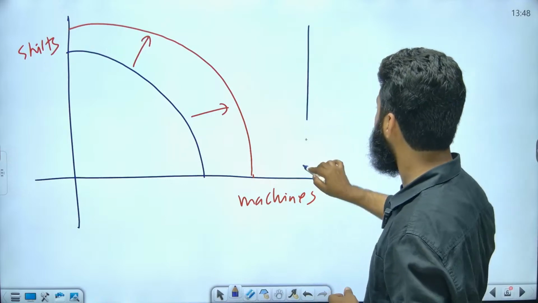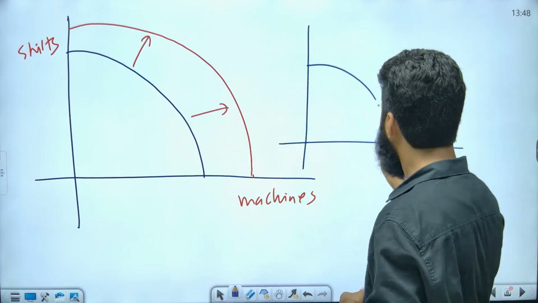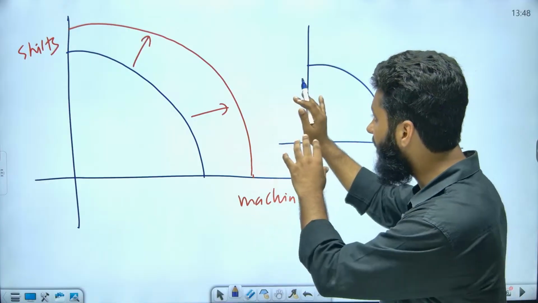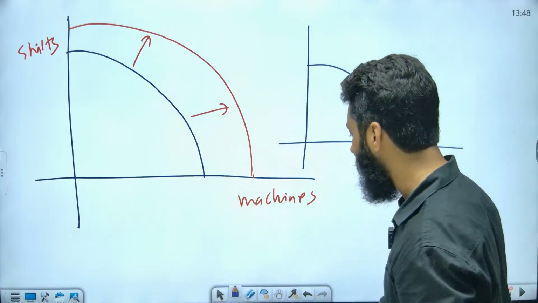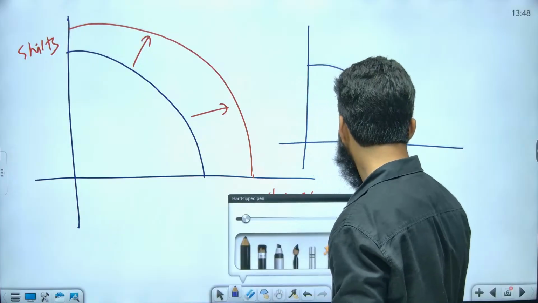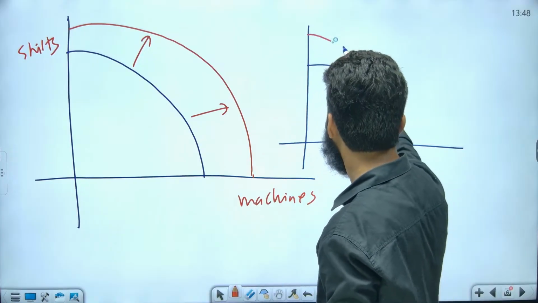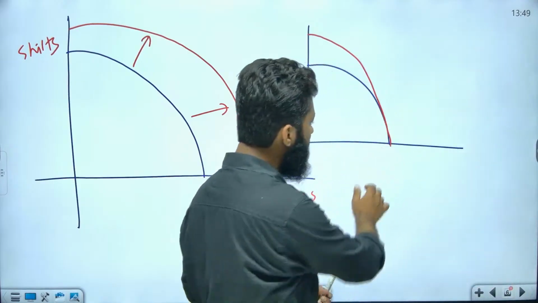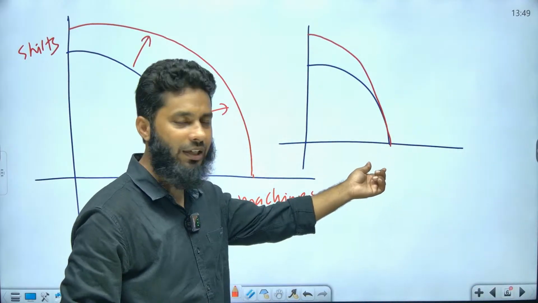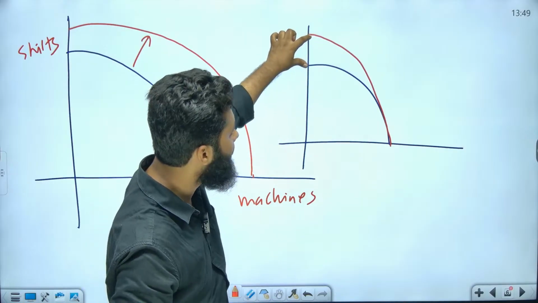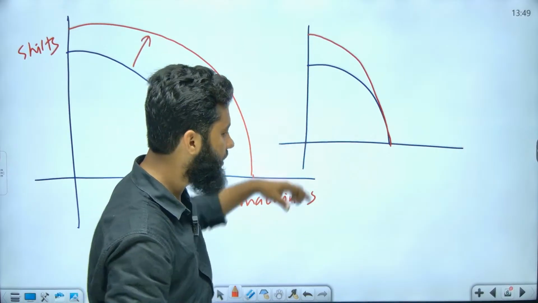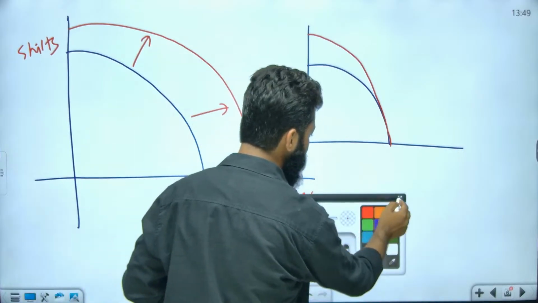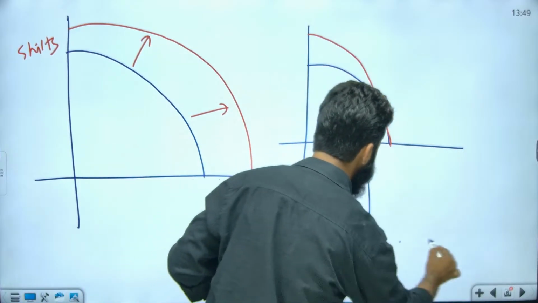So when technology improves only for manufacturing of shirts, or you increase inputs only for manufacturing of shirts and not for machines, you can see this type of shift in the PPC. There is no increase in machines, but there is an increase in the quantity of shirts. This is how you can have a shift in the PPC, or this can also be one of the variants.